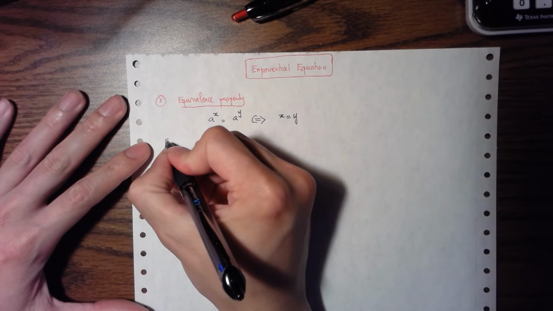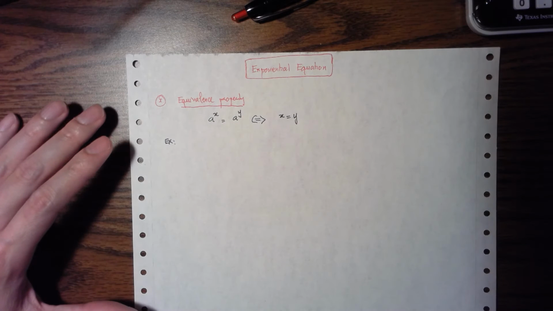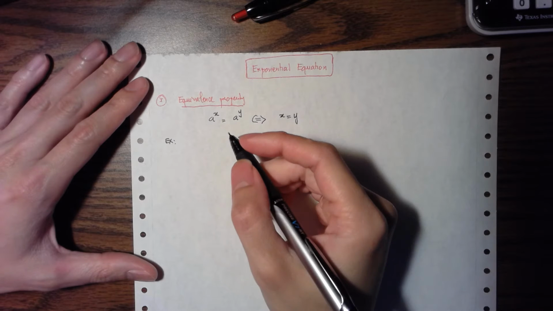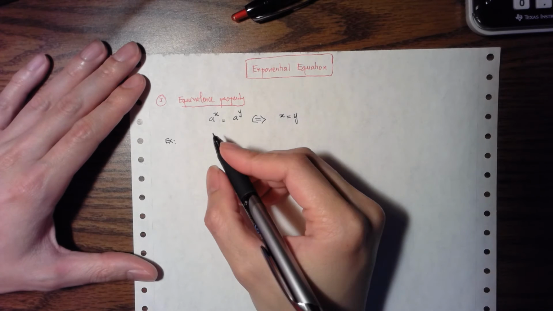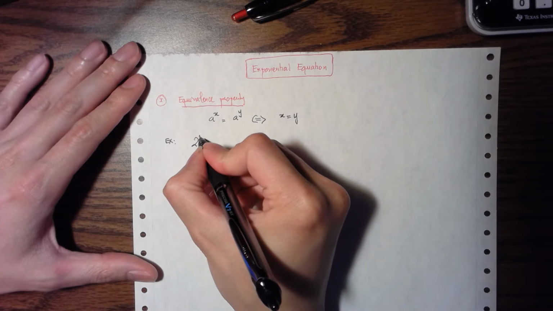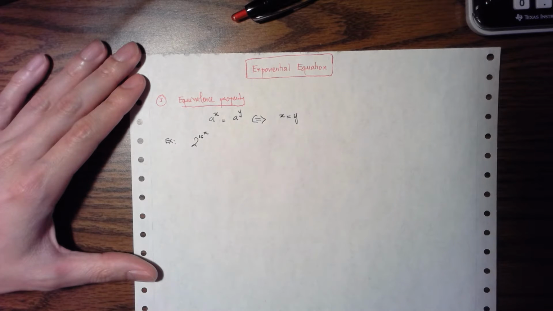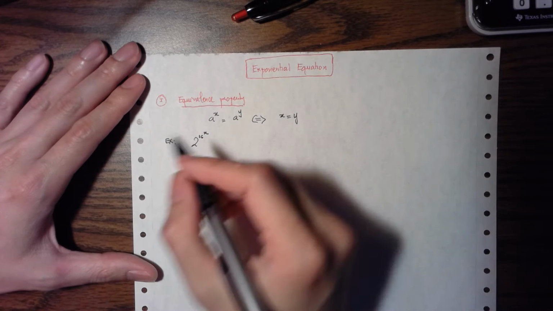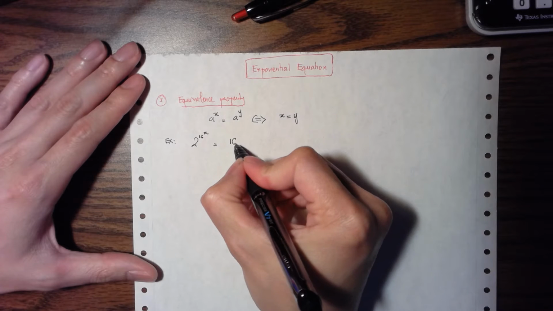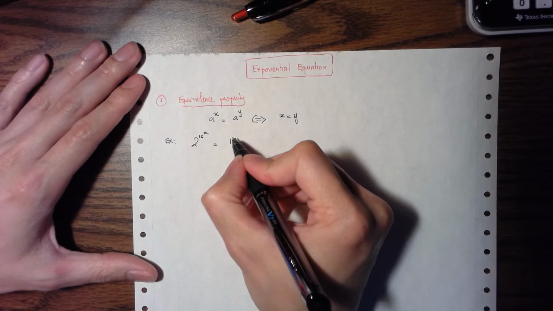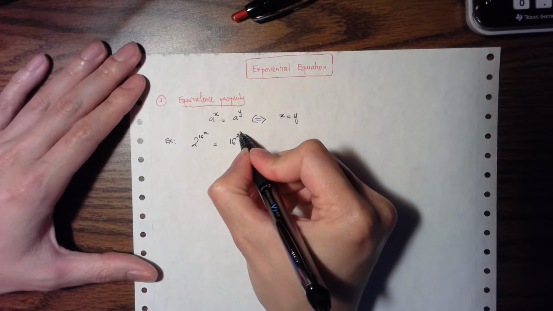For example, I can give you something like this: 2 to the 16 raised to x is equal to 16 raised to 2 to the x.